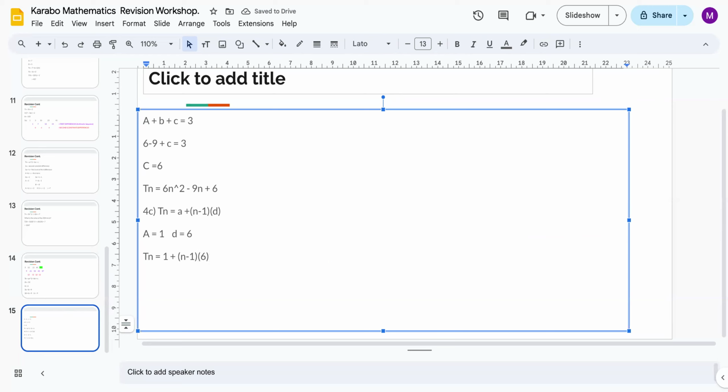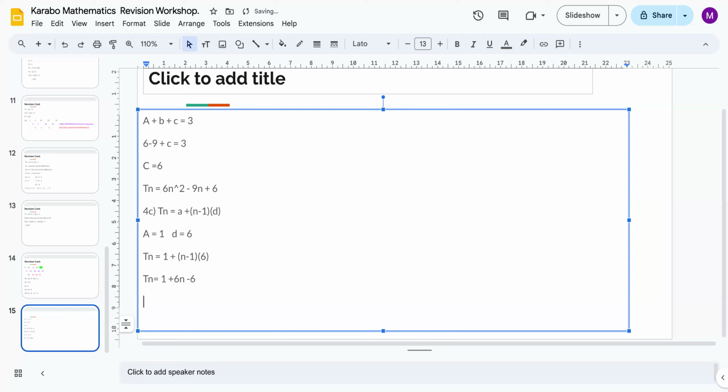Now, for this question, it is advisable, it makes things easier, to work with the simplified version of our arithmetic sequence. So we're going to simplify this, multiply the 6 out into the brackets, and then simplify. When simplified, Tn is equal to 1 plus 6n minus 6.